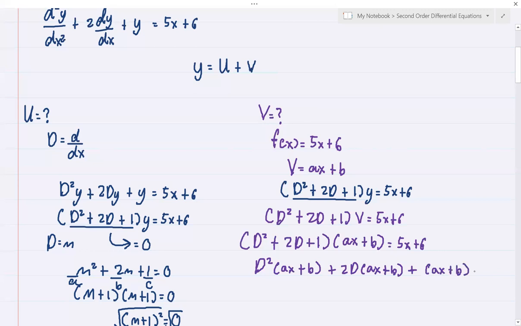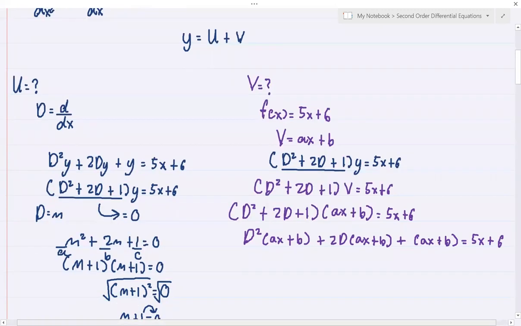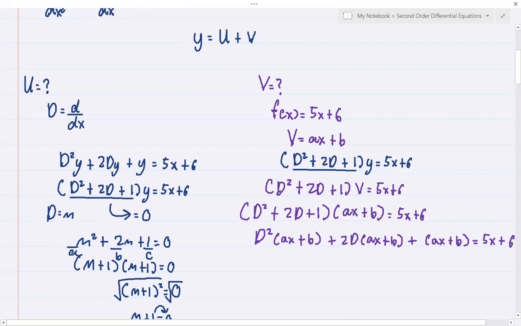All right, then let's just copy the other terms, plus 6. Now, we're going to simply resubstitute your D as d over dx. So if we have D squared, we will have d squared over dx squared, meaning this is the second derivative of ax plus b, plus 2 times the derivative of your ax plus b.